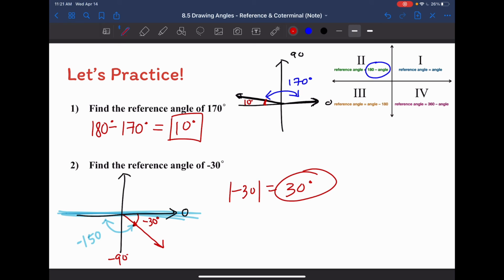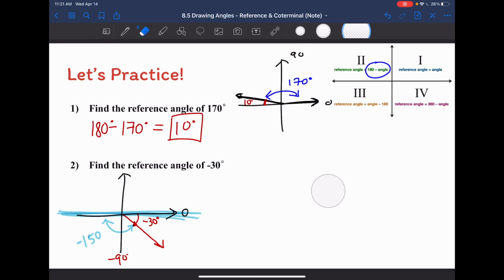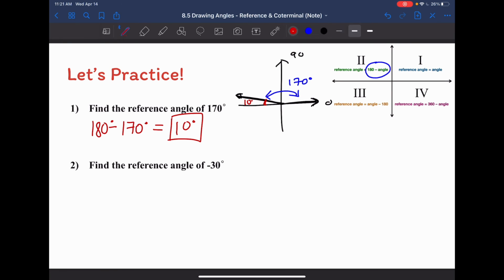And a lot of people are wondering about the other negative angles. So let me do this one. Let's do negative 230 degrees, okay? It's negative direction one more time, so I'm going this way. It's a little bit bigger than 180.